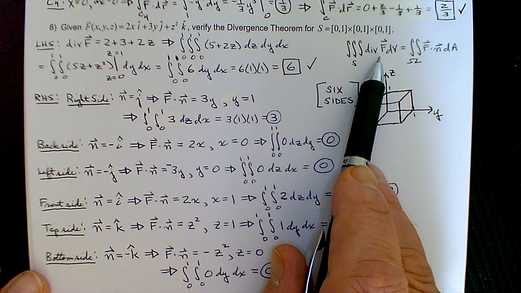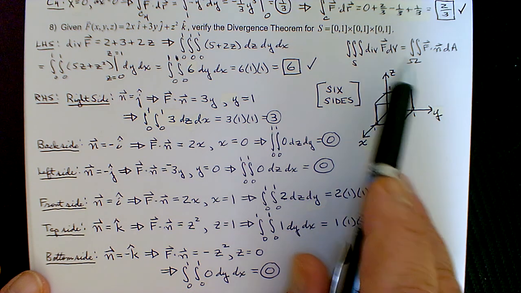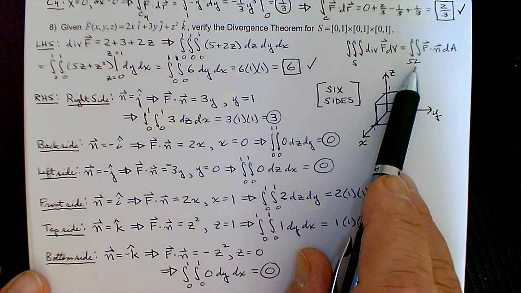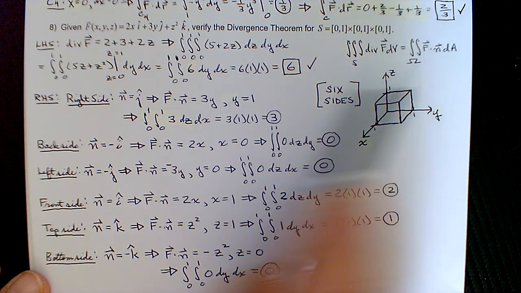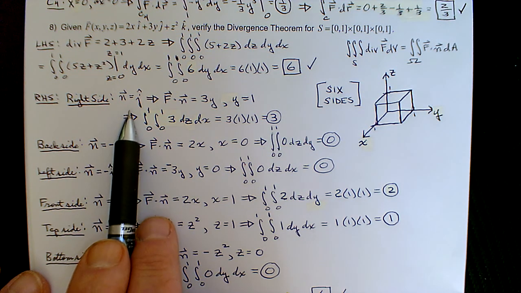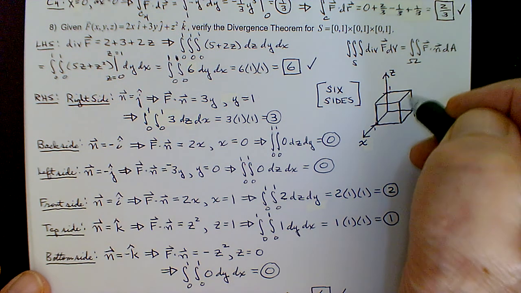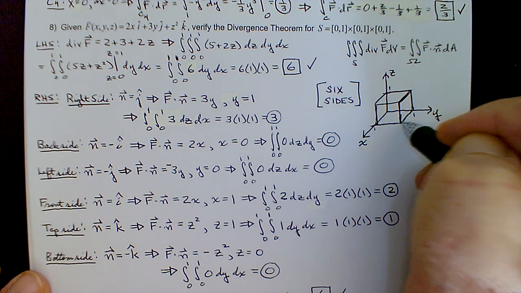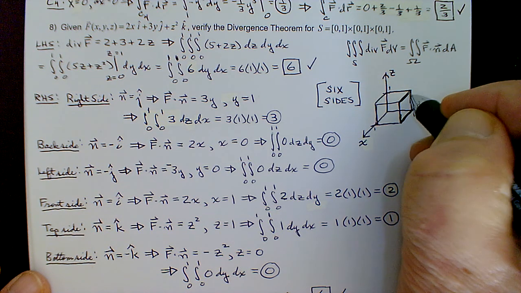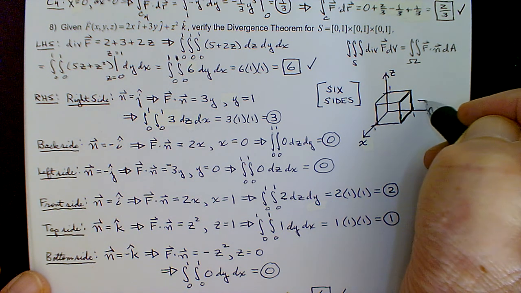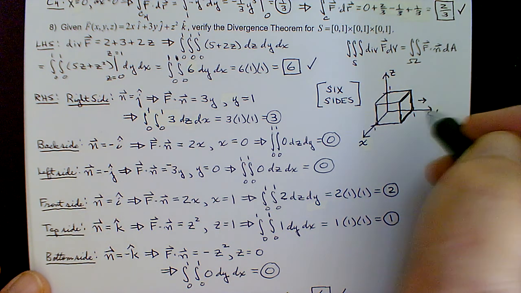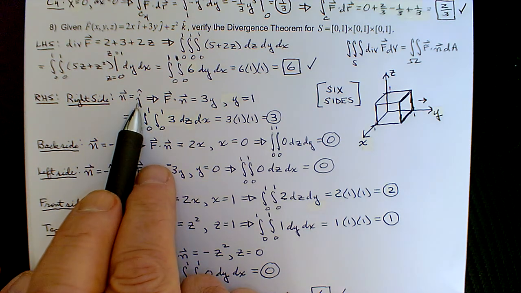And then for the right-hand side, you have to consider the normal vectors. So go back to the video if you need to, but I think I did a nice job on the normal vectors explaining in the lecture that we had on the divergence theorem. For example, the right side is this piece right here, and its normal vector points in the positive y direction, so that's why it's j.